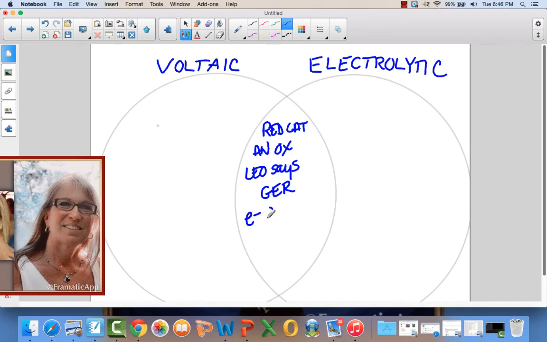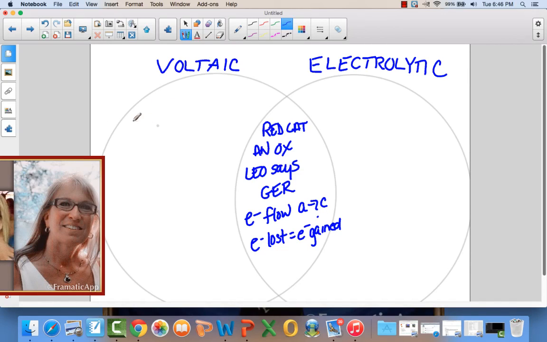Electrons also always flow from A to C, anode to cathode. And electrons lost must equal electrons gained for both of these.